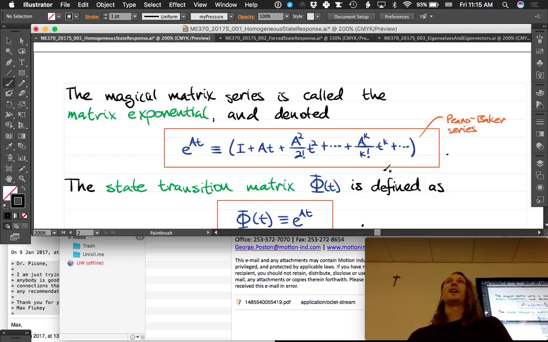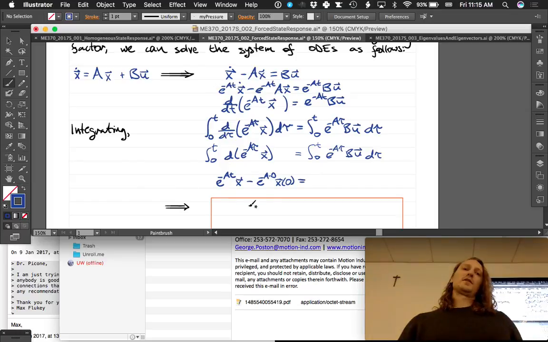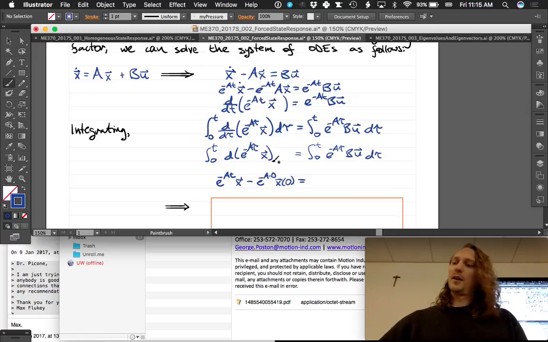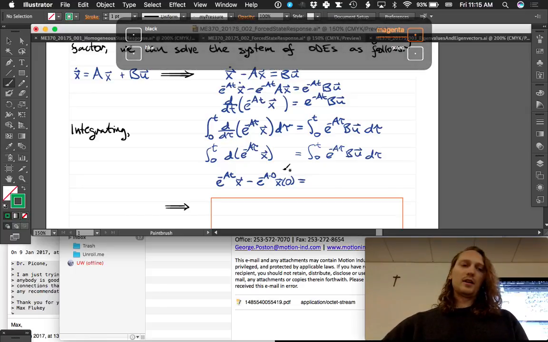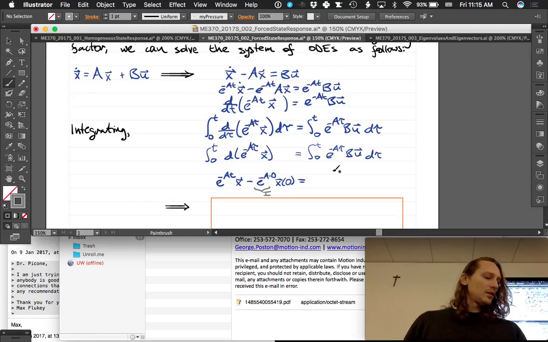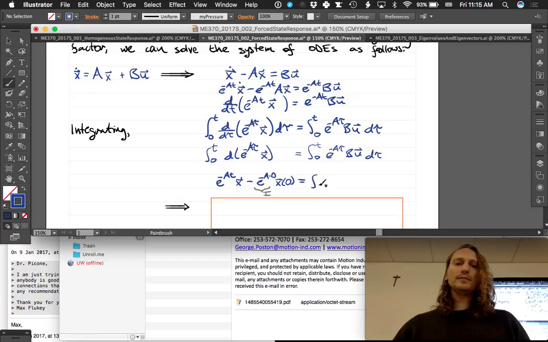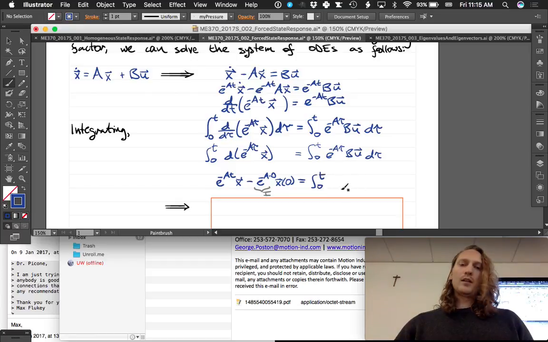It's just I. So if you were confused about what the matrix exponential is when t is 0, it's just the identity matrix. Good. And then the right-hand side stays the same, the integral of e to the negative A tau B u d tau.